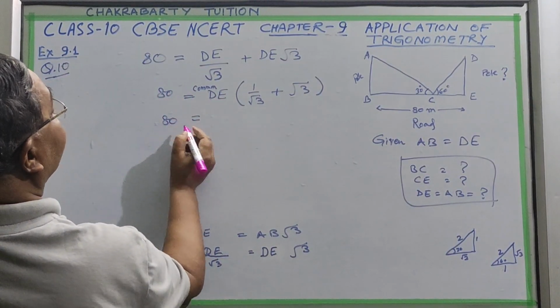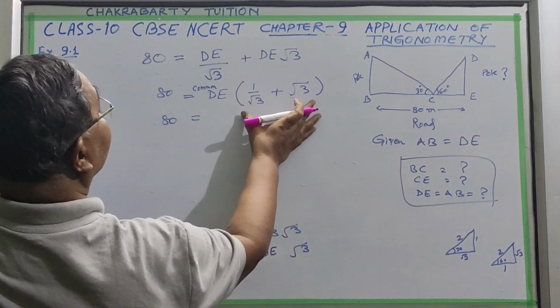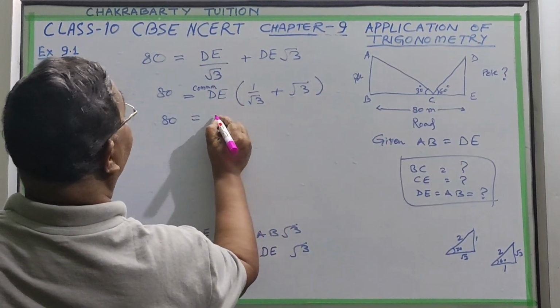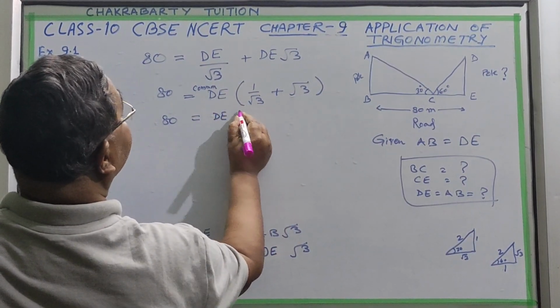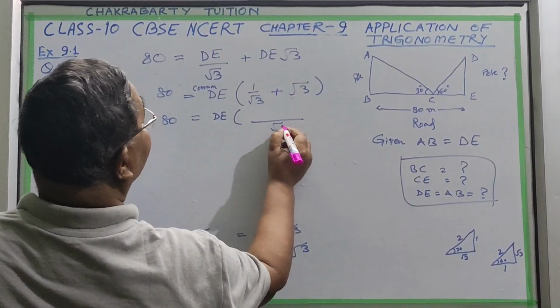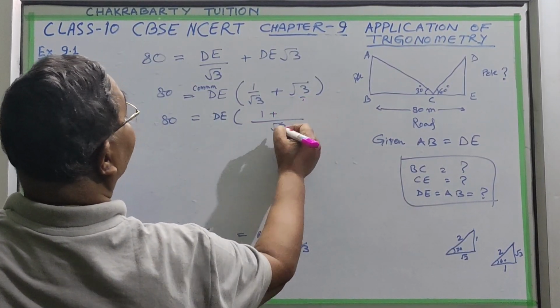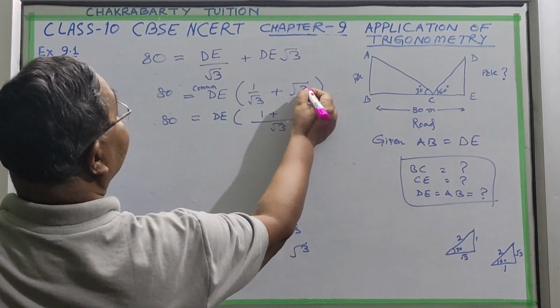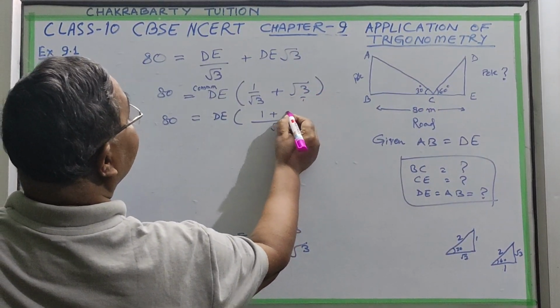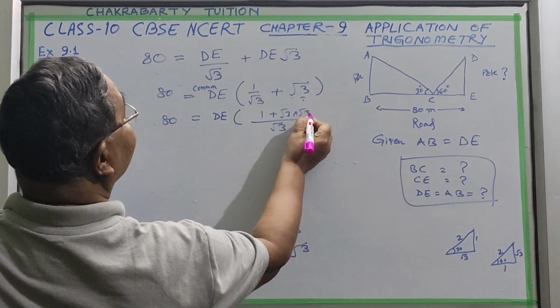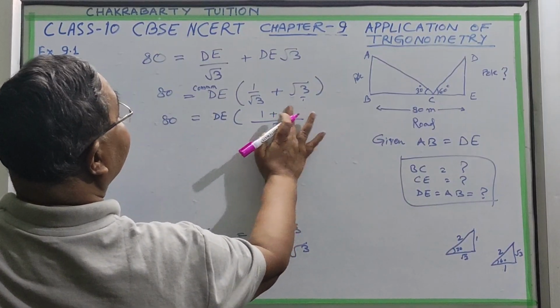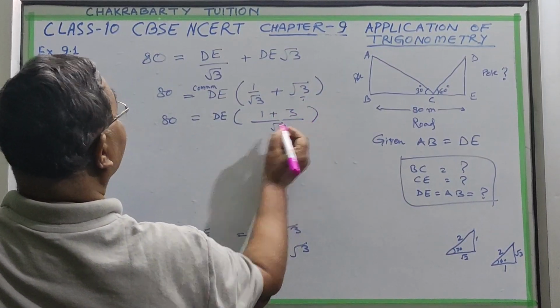Now this we can solve by LCM. So D is equal to, under root 3 will remain, 1 and here 1. If you multiply under root 3 into under root 3, it will become 3.